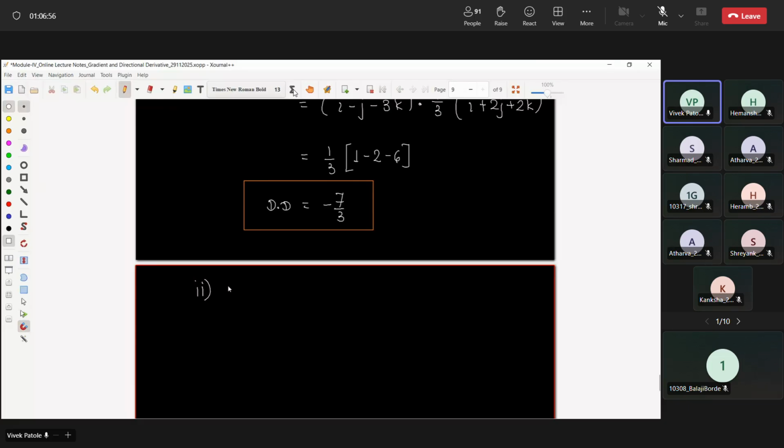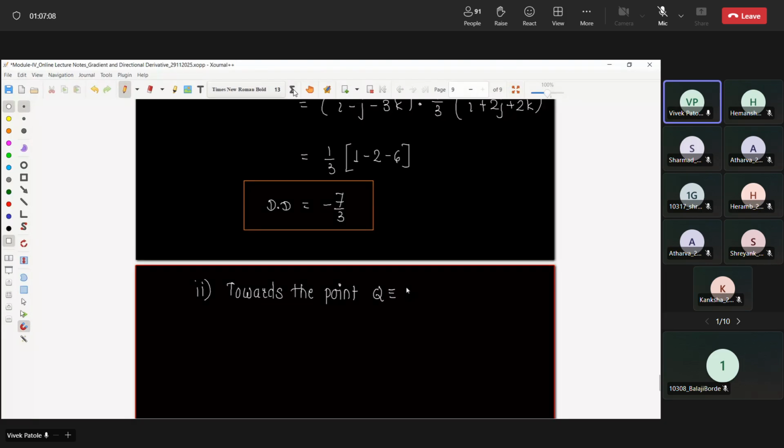Second, towards the point Q equal to (2, 1, -1).